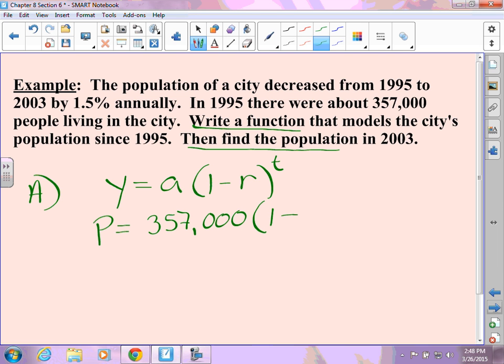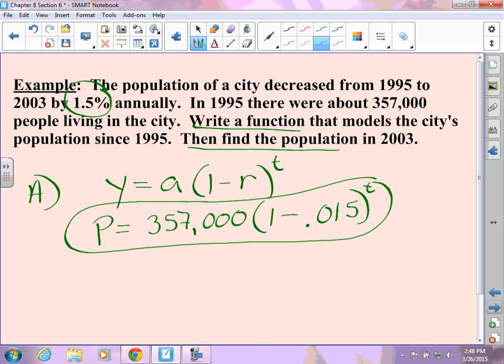The rate is 1.5, which I'm going to represent as 0.015 as a decimal, to the t power. So this is my function. What makes it a function is your input, which is t, and your output, which is P. When it asks for a function, this is what it's asking for.